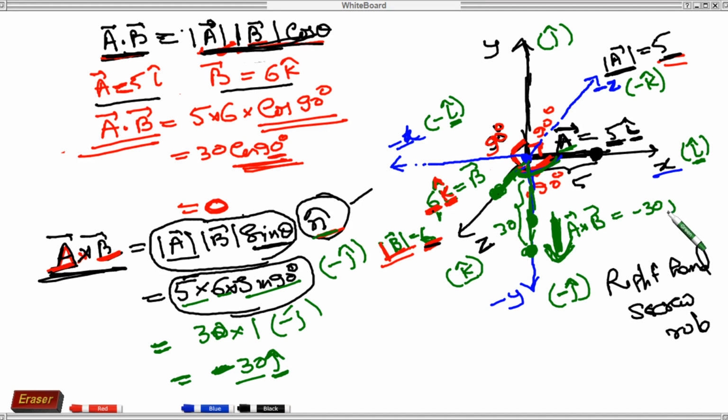You can see it's a new vector whose magnitude is 30 and whose direction is minus j. In this way, you can see how I differentiated the vector product and the scalar product. What is the vector product? That is the cross product. And what is the scalar product? That is the dot product.